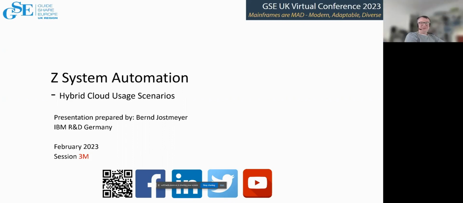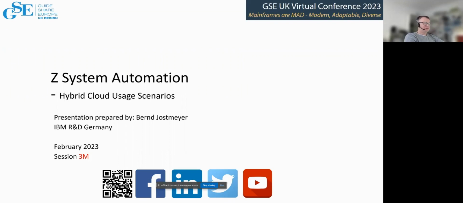Yeah, good morning, everybody. As Anna already introduced me, my name is Bernd Jostmeier, but most people call me Josie. That's especially for English-speaking people much easier to pronounce. I'm from the IBM lab in Germany, and I'm a software developer and architect for Z System Automation.